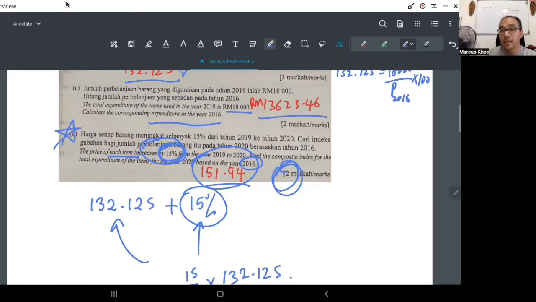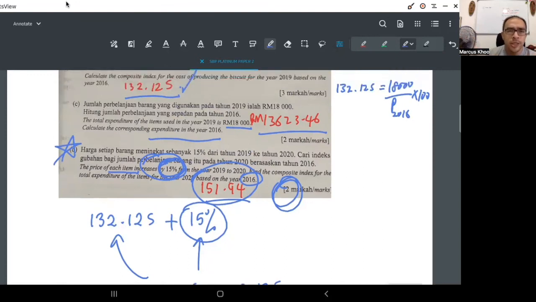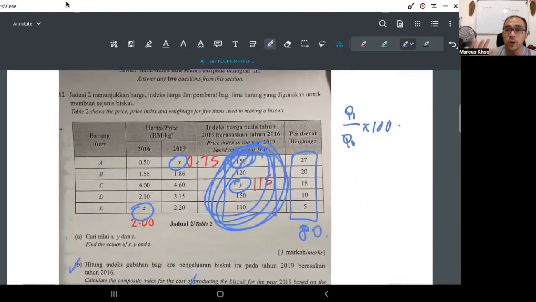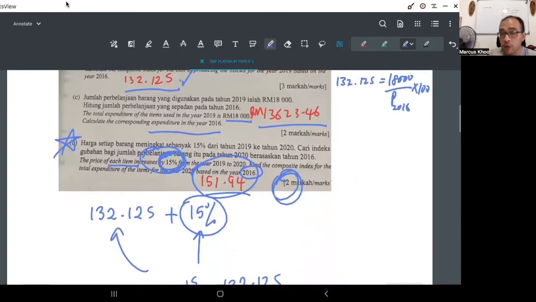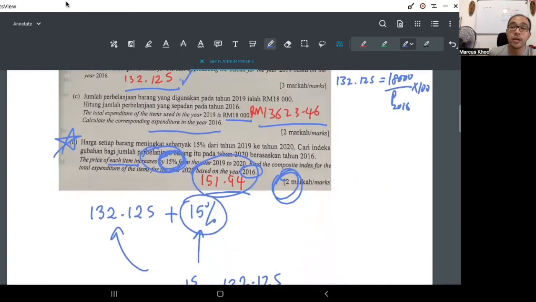I rarely see this, where all items go up by the same percentage. Usually one or two things go up, one goes down, and some do not change. That one will be a 3 or 4 marks question, because you have to recalculate the composite index again. So be very careful with this.